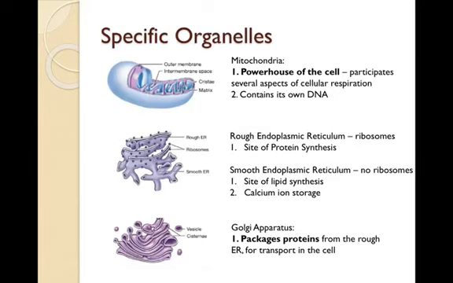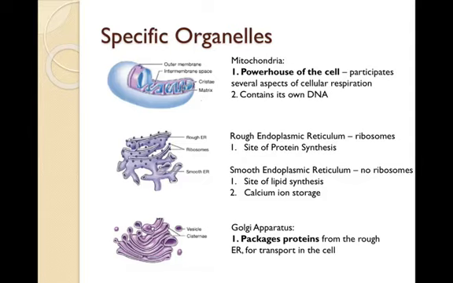Some specific organelles that are membrane bound, that are separated from the cytosol, are things like the mitochondria, referred to as the powerhouse of the cell. This particular organelle is a double membrane organelle, and it serves the purpose of participating in cellular respiration processes.